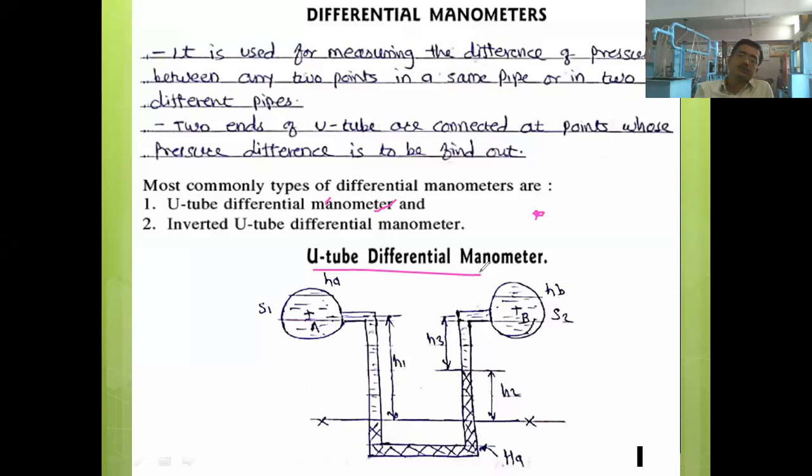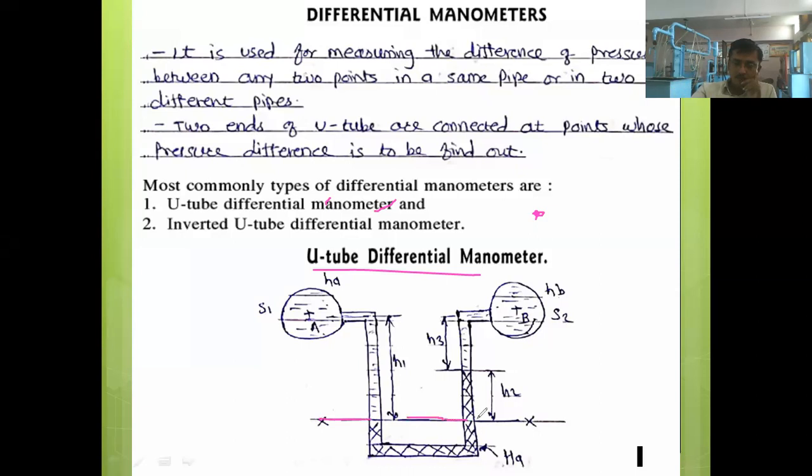Who will tell me the equation for this differential manometer? HA plus S1 H1 equals HB plus H2 S2 plus H3 S3. Okay, correct. The same principle we have to apply.